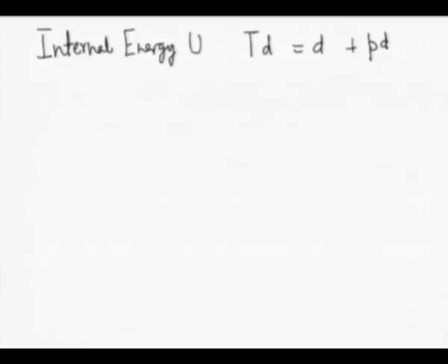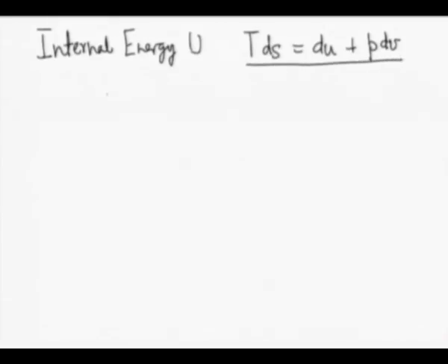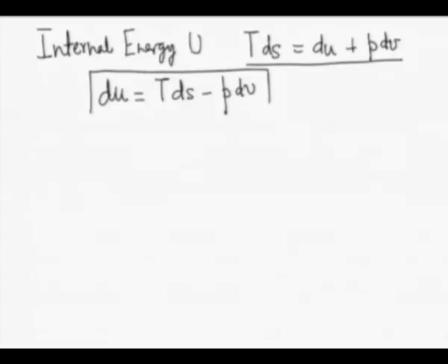Doesn't matter, we can continue with capital letters and extensive properties, but in textbooks you will find almost everything done in terms of intensive properties, but they are equivalent. So from this property relation we will notice that the differential dU can be written down as TdS minus pdV. This is nothing but our basic property relation transposed.